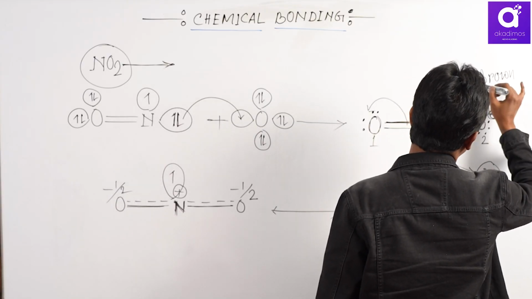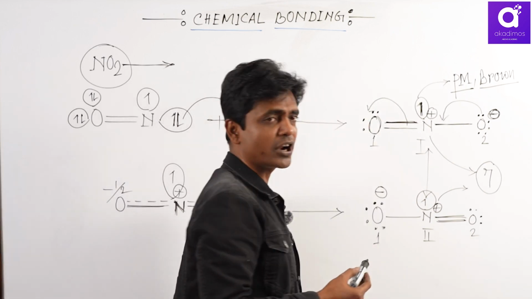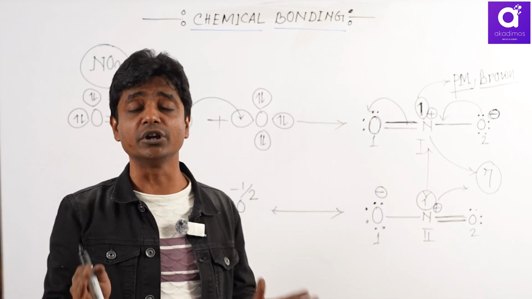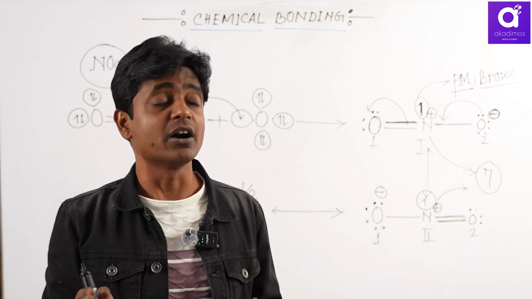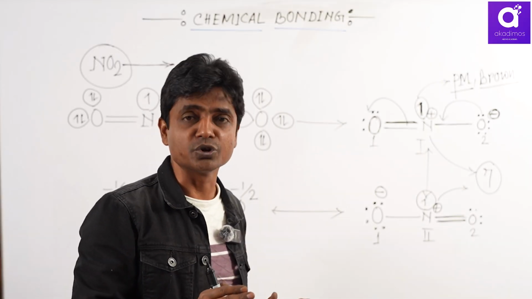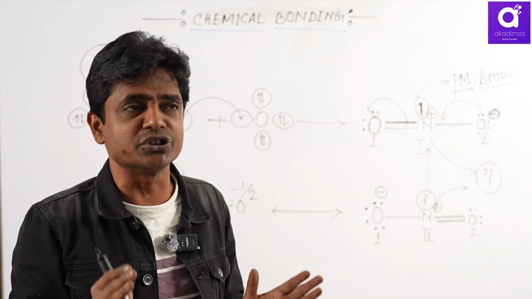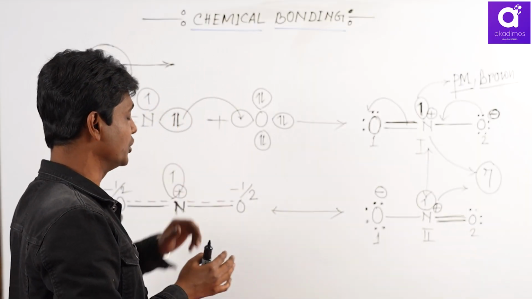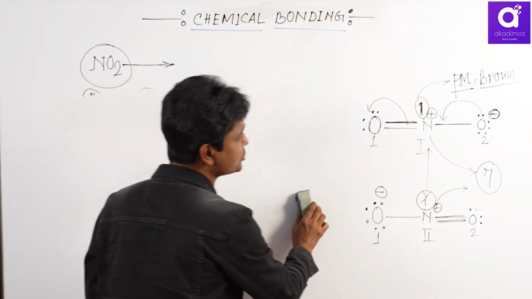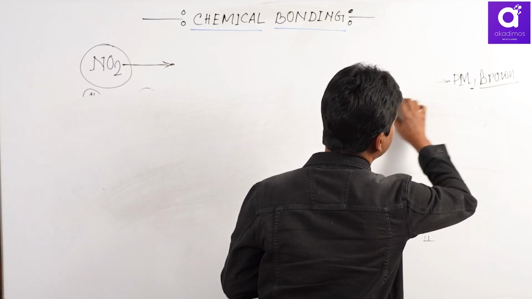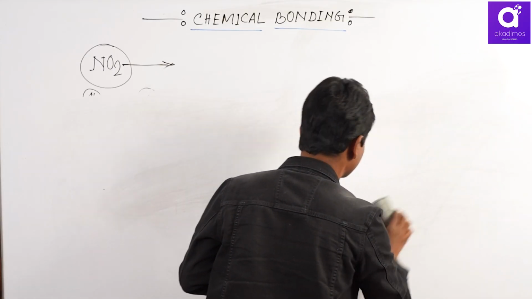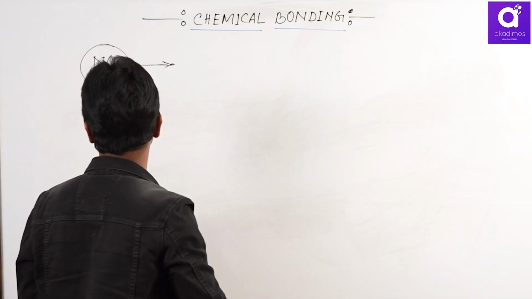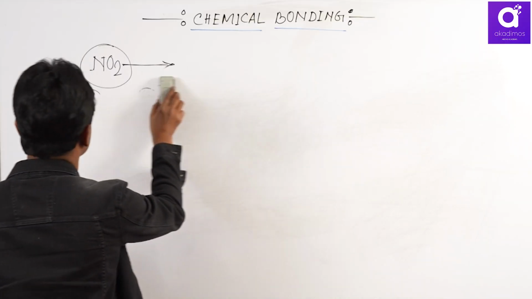Now, NO2 can also try to make its octet. Now I will show you how it will make the octet of nitrogen, how the effective number of electrons on nitrogen will come to 8.